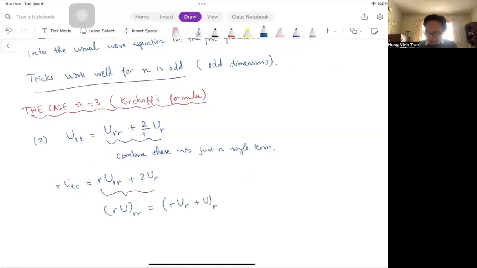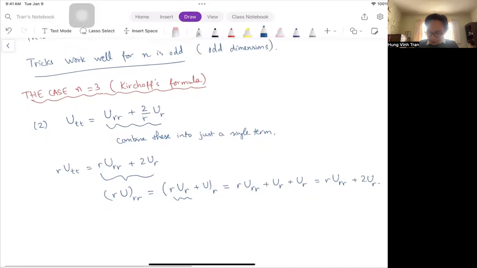Then I differentiate a second time, using the product rule again for the first term: r times u_rr, plus u_r, and then the last term, which is u_r. So it is exactly r times u_rr plus 2u_r, which is really beautiful.